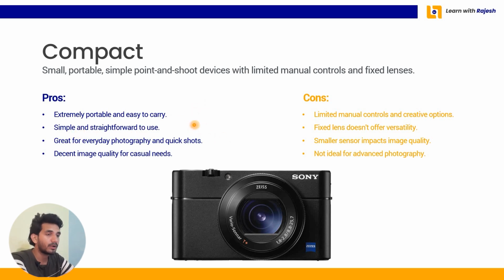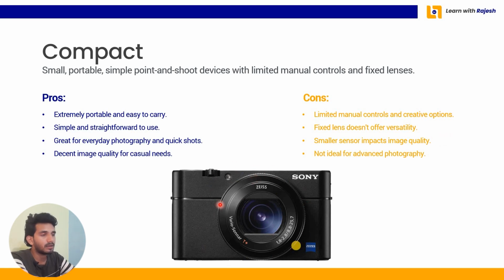Simple and straightforward to use, great for everyday photography and quick shots, decent image quality for casual needs. And if you are talking about the cons, there is limited manual control and creative options. Fixed lens doesn't offer versatility. So here also there is no interchangeable lens available. And there is a small sensor, which impacts image quality.